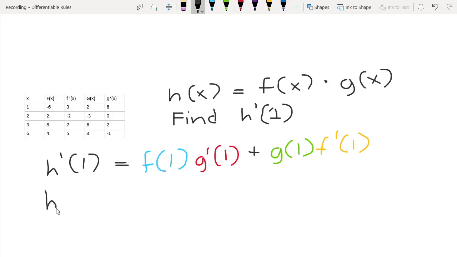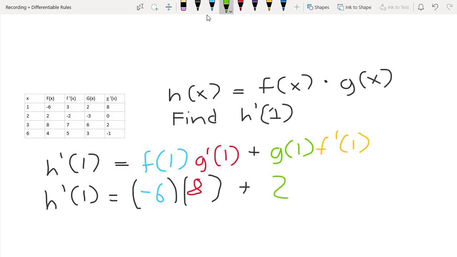So then h prime of 1 is equal to f of 1. In this case, f of 1 is -6. So then -6, and I'll write in parentheses again so you can see it. g prime of 1 is equal to 8. So then we'll write 8, plus, and then g of 1 is equal to 2, and we'll put that in parentheses.